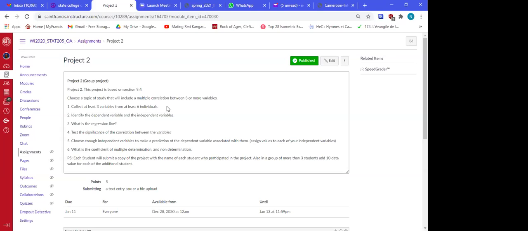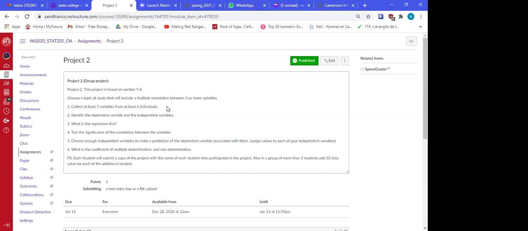That means you have 4 variables. One is the dependent variable, which is the score in the test, and the other 3 are the independent variables, which are time you spend studying, time you spend sleeping, and level of anxiety.